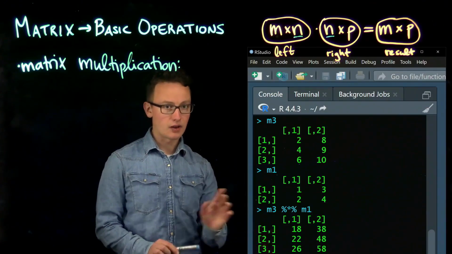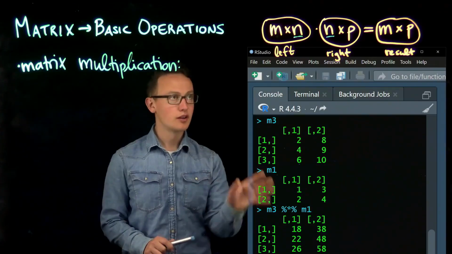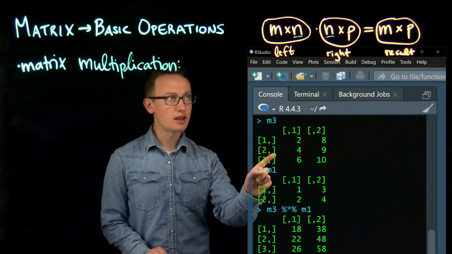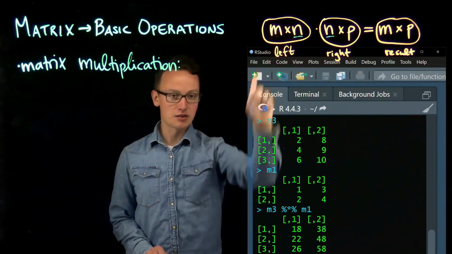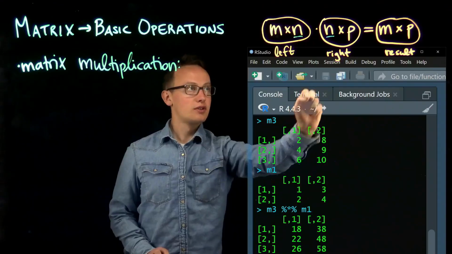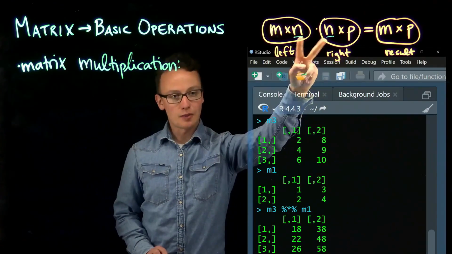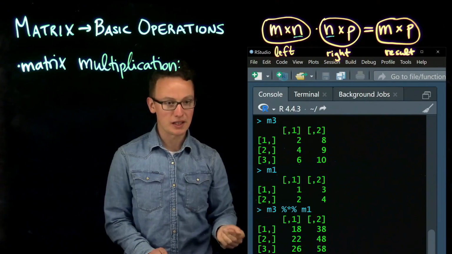And now let's maybe unpack and verify that this result actually makes sense. Okay, so first sanity check, M3 is a 3x2, so n is 2, and M1 is a 2x2, so n is again 2, so the two n's match, and that means that we can, in principle, do the multiplication.